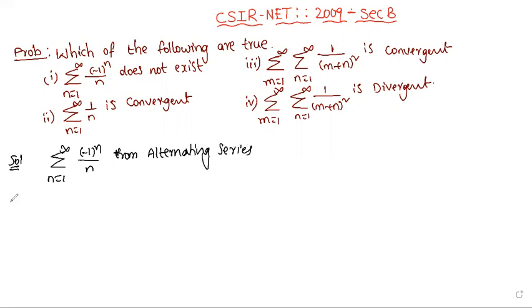In an alternating series, we decide the convergence or divergence by using the Leibniz test.